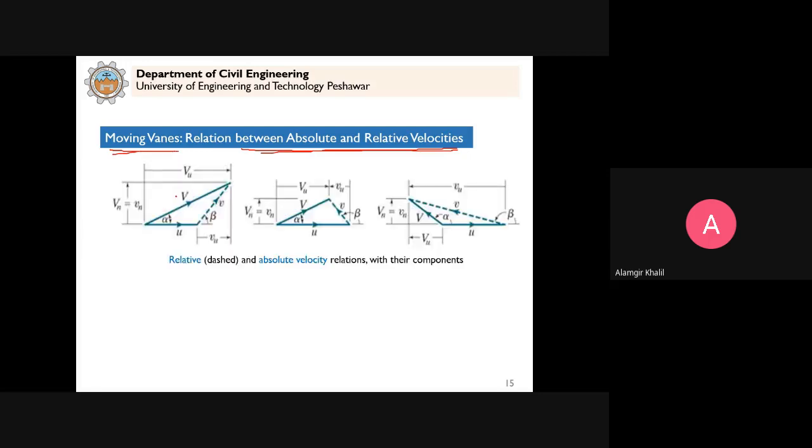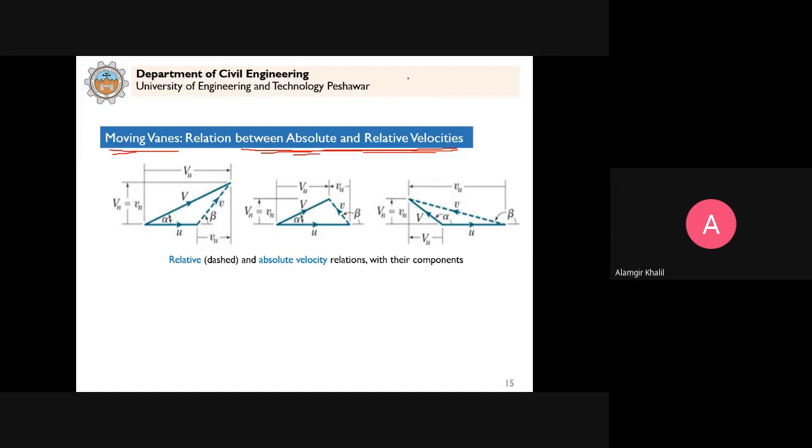We can have any possibility of these triangles shown here. First we define what the absolute and the relative velocities are, and then using these triangles we calculate the relationship between these three types of velocities.